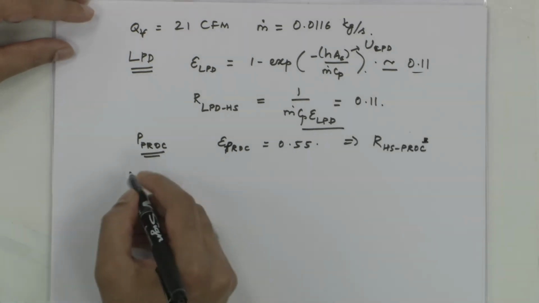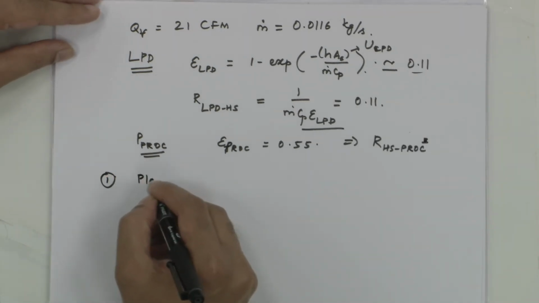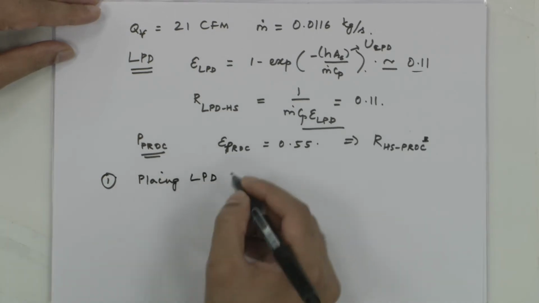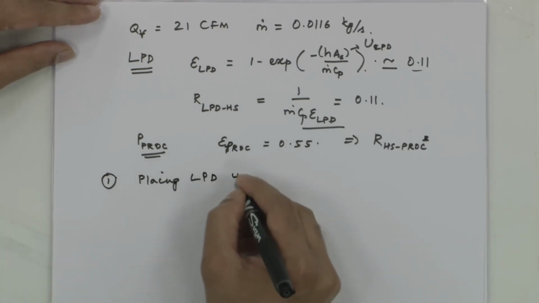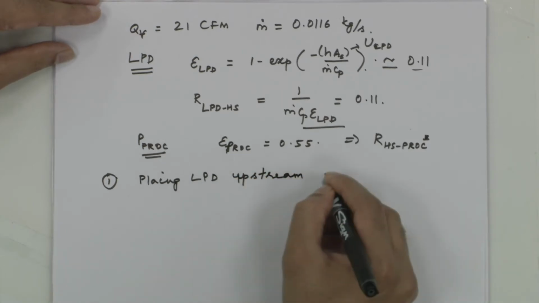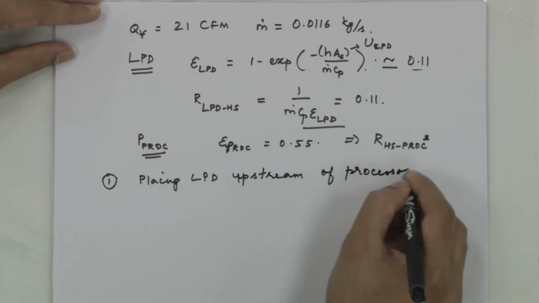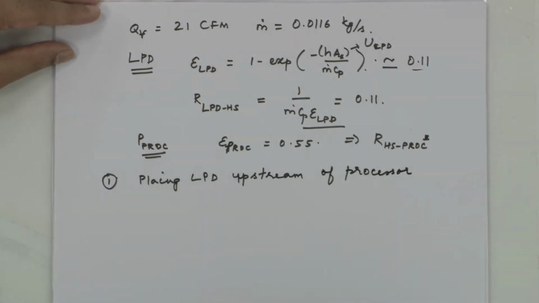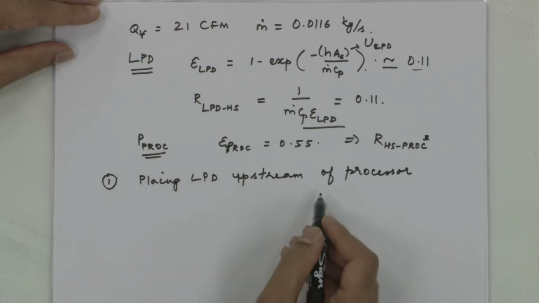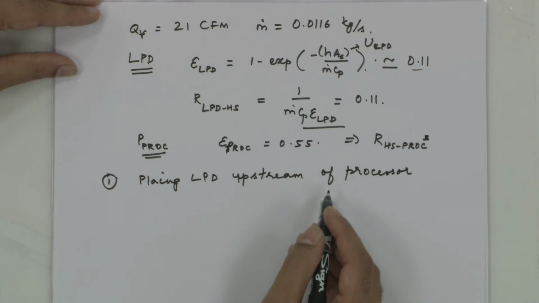So, first let us look at situation 1, which is placing the low power device upstream of the processor. If we keep the low power device upstream of the processor, then there is no preheating coming into the low power device.